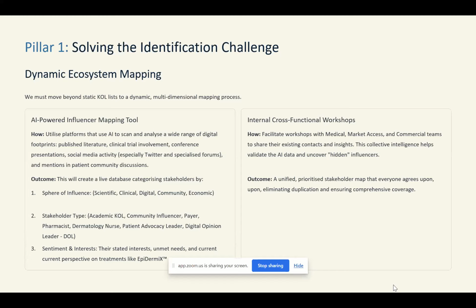And sometimes patient advocacy leaders can also influence. So with this in mind, you should ideally map the key opinion leaders based on their sphere of influence, and also try to map their sentiments and interests. That will help you support the Epidermix brand and decide on further engagement strategies.